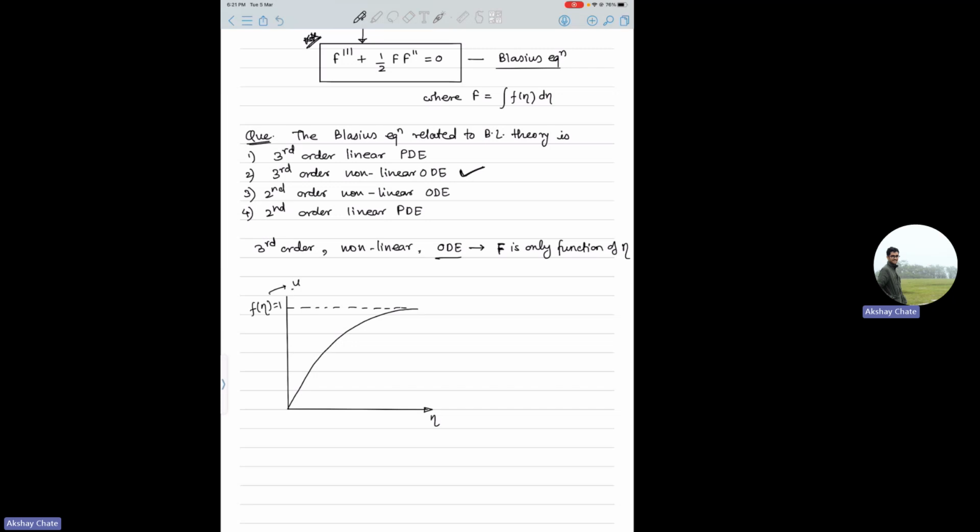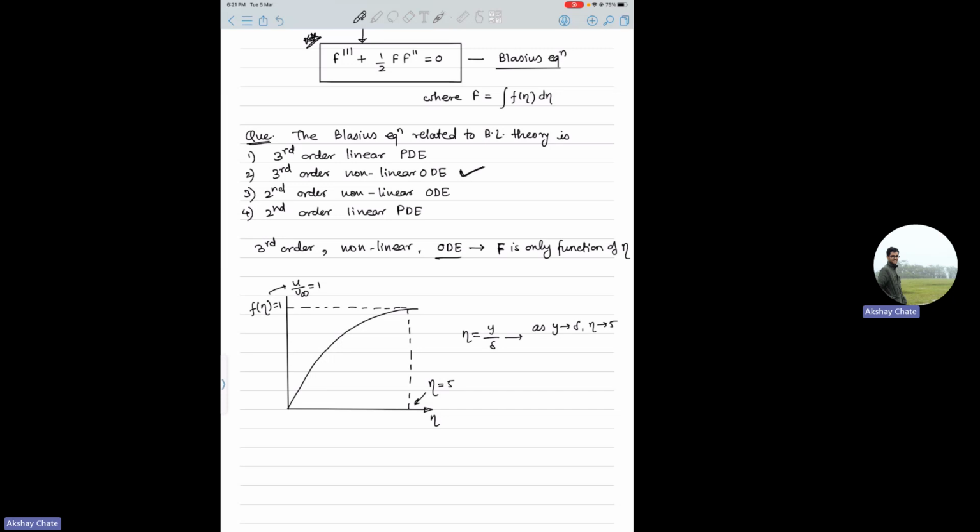That means u by u infinity is equal to 1, and you get this at beta value of approximately 5, and that's where your beta is nothing but y by delta, right? So therefore as y tends to delta, your beta tends to 5. This is what the solution says.